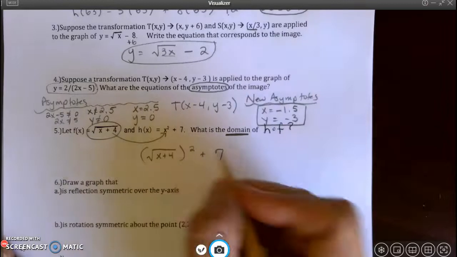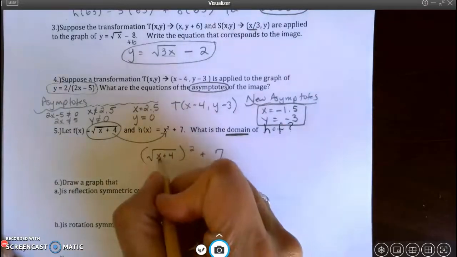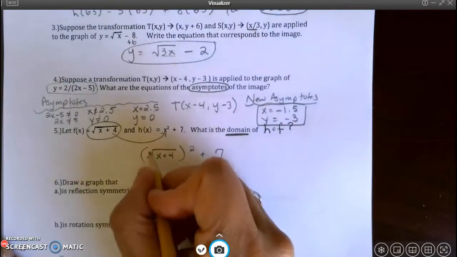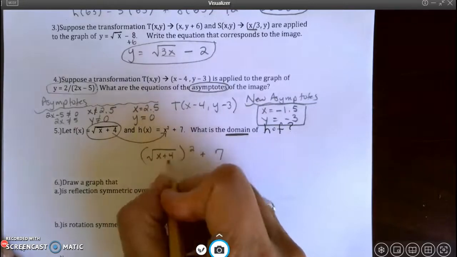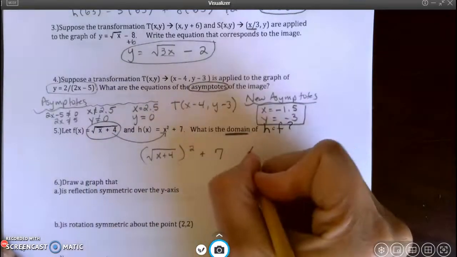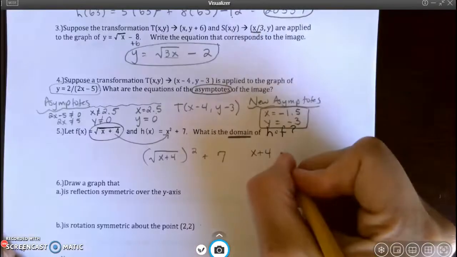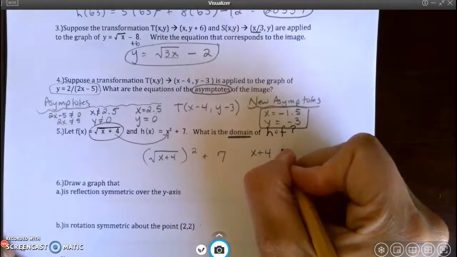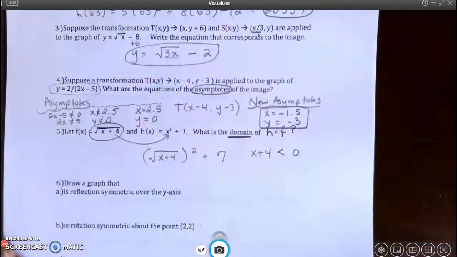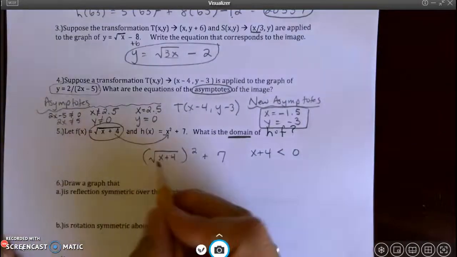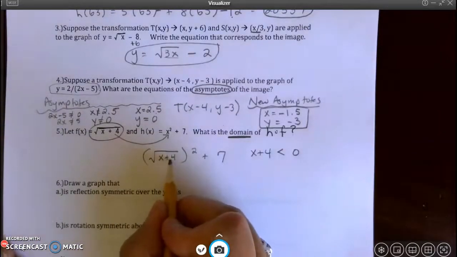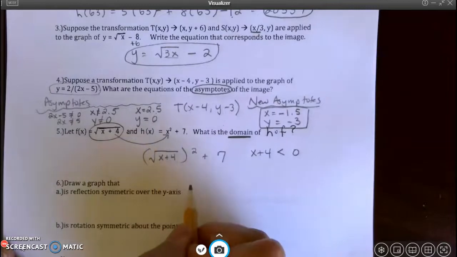However, because the x plus 4 is underneath the radical to begin with, we have to make sure that x plus 4 is never less than 0, because then it will be negative. If x plus 4 is negative, then you can't take the square root of a negative.